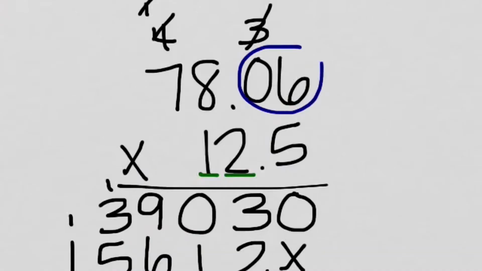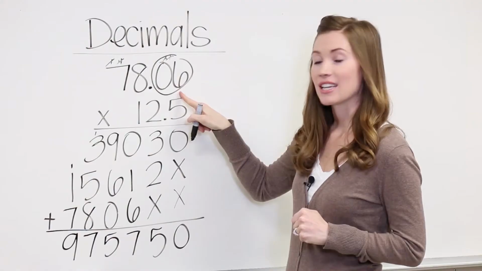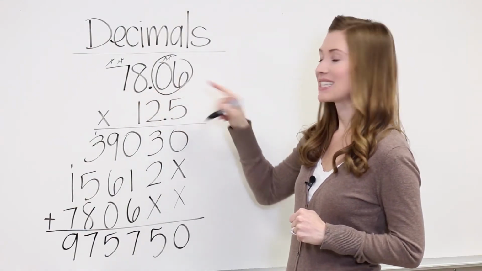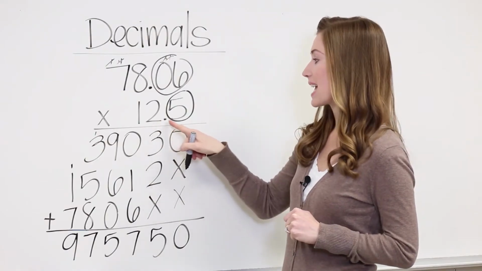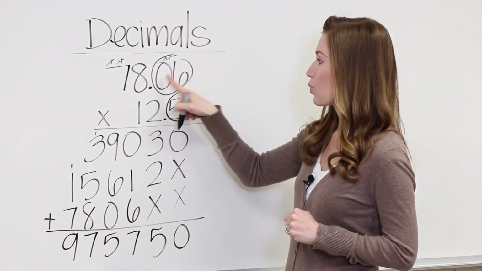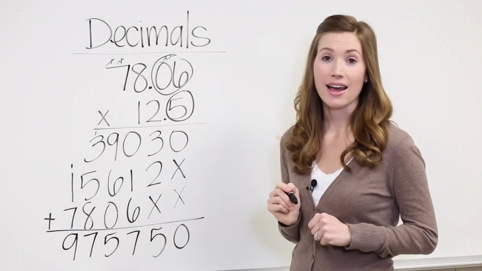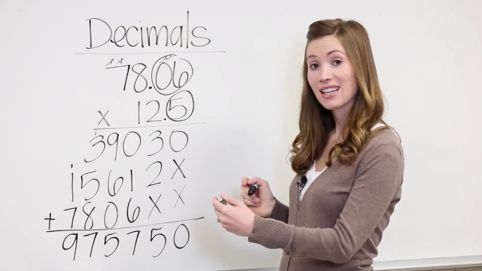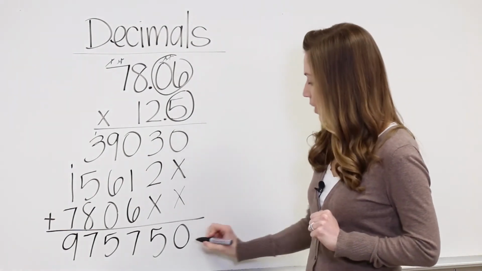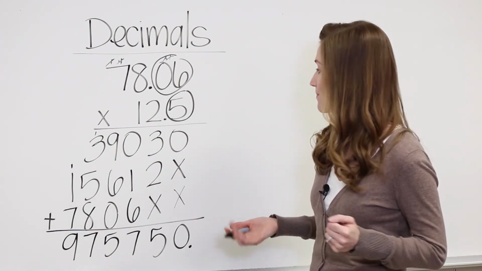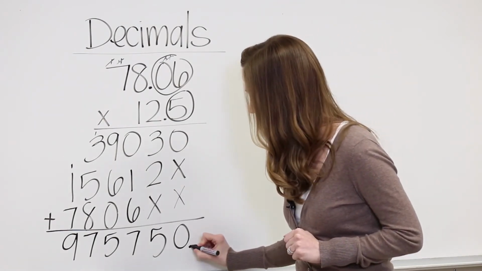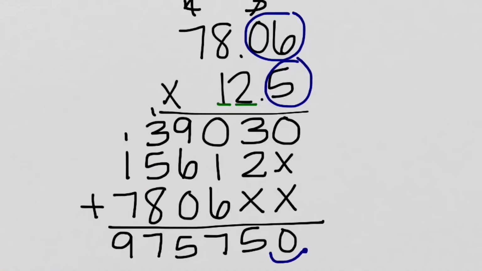We have 2 digits to the right of our decimal in 78 and 6/100. We have 1 digit to the right of our decimal in 12 and 5/10. So that's 1, 2, 3 times that we need to move our decimal to the left. Let's do it. Remember, our decimal point starts at the far right if we don't see it. So we need to move it to the left 3 times. 1, 2, 3.